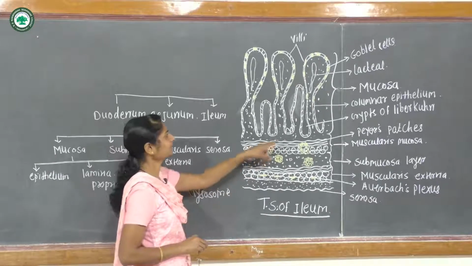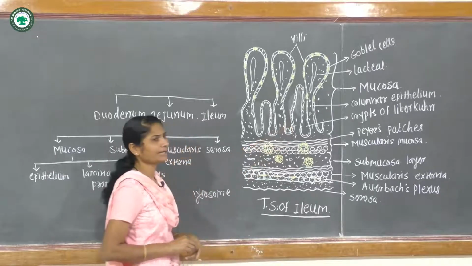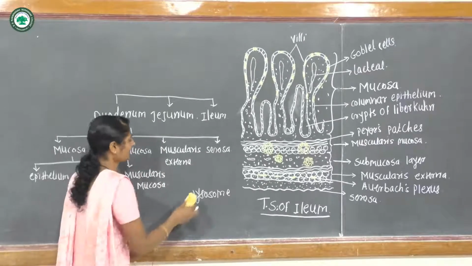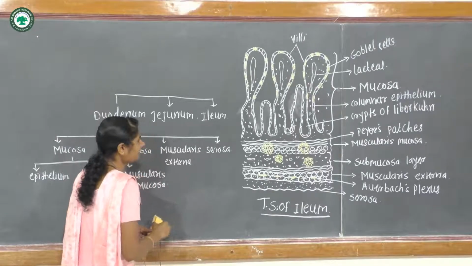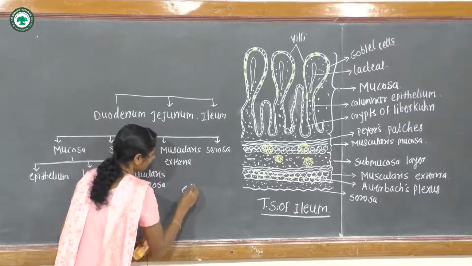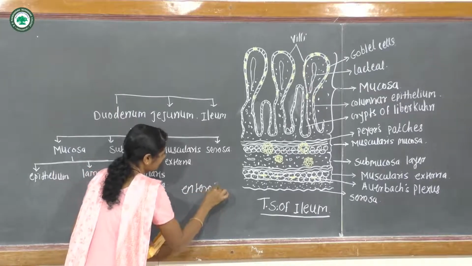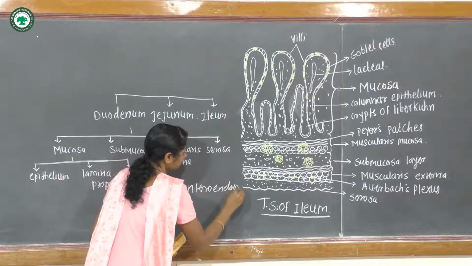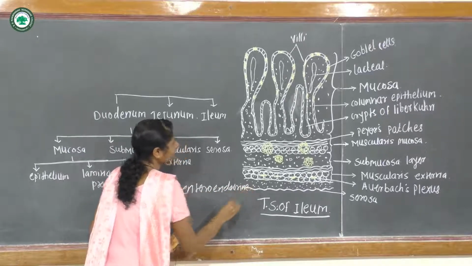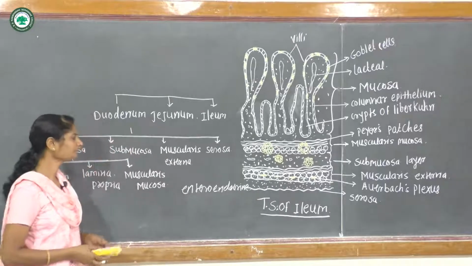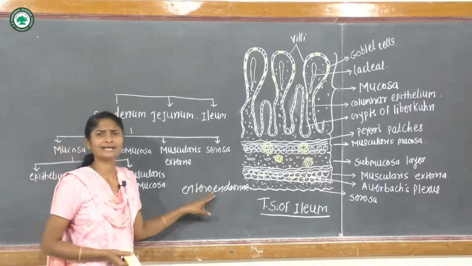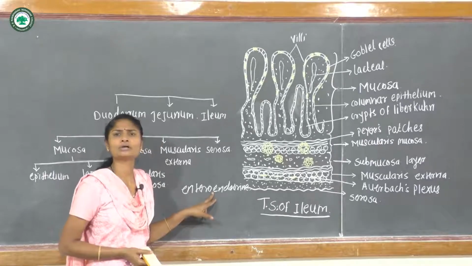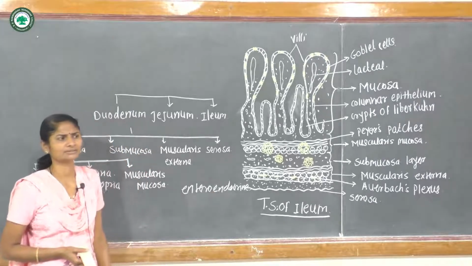Again, these crypts show enteroendocrine cells present in the crypts of Lieberkühn. These enteroendocrine cells are most important for hormone secretion.